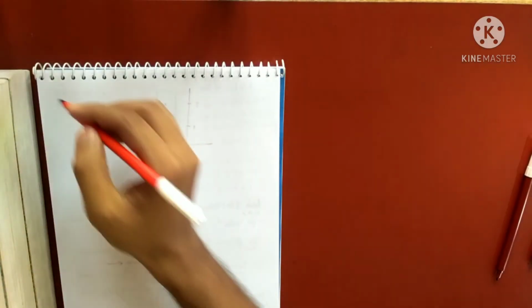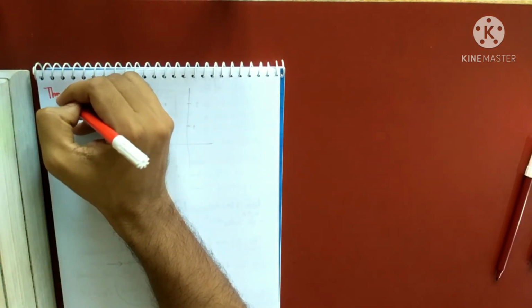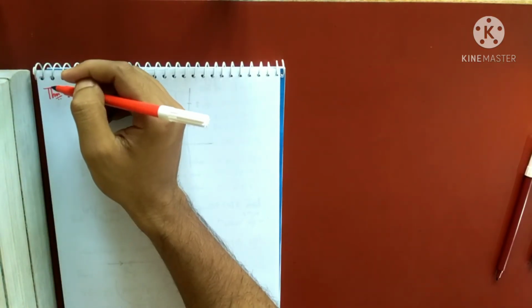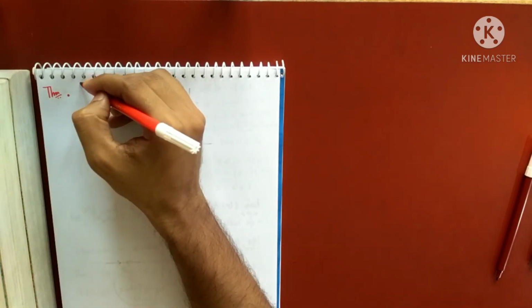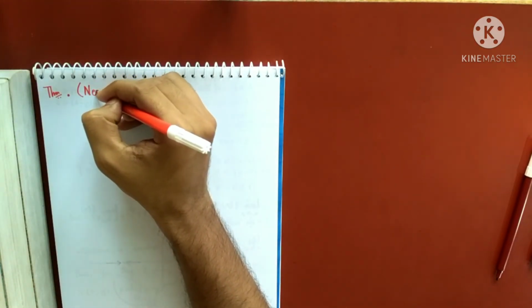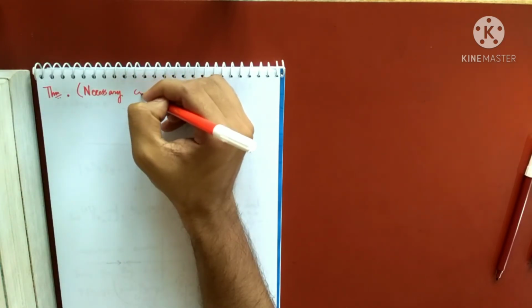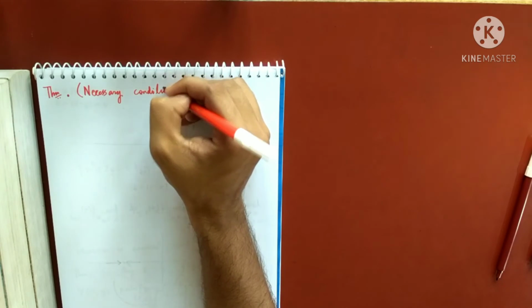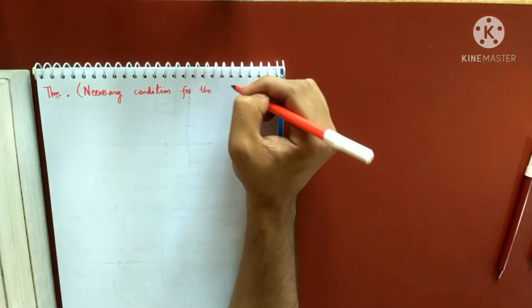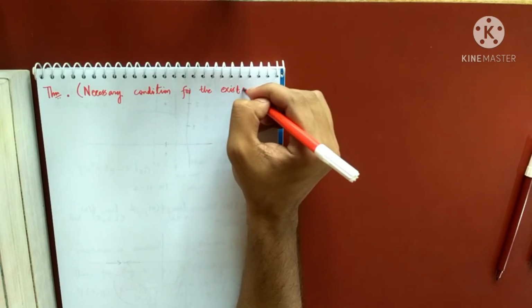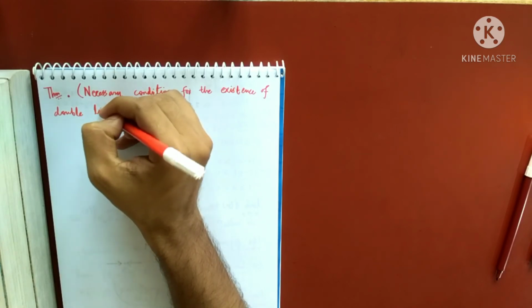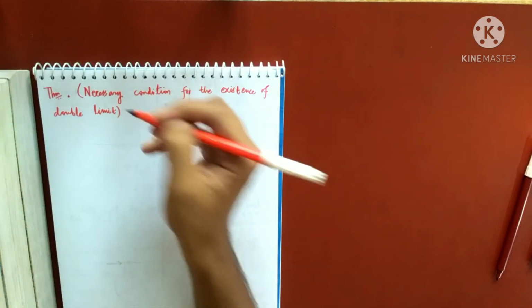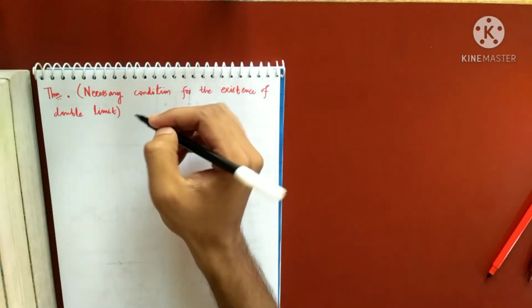So here is my theorem. A very important theorem. This will be essential for showing that the limit does not exist. I should write the name as something like: necessary condition for the existence of double limit. So here is the theorem.